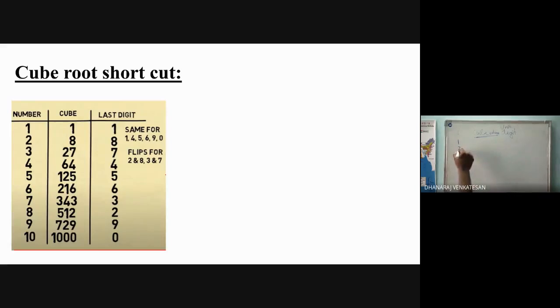Here for unit digit 2 and 8, 3 and 7, this alone is an exception, other values are same: 1, 4, 5, 6, 9. Here for 2 you will write 8. For 8 you will write 2. For 3 you will write 7. For 7 you will write 3. That's it. This is how you should memorize.